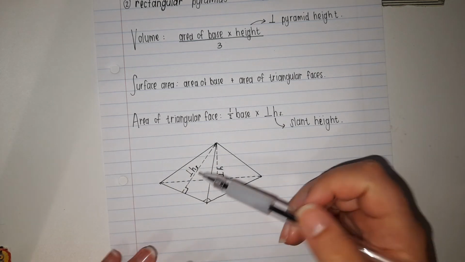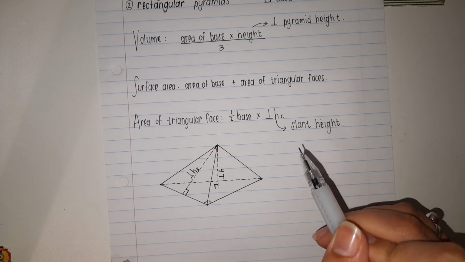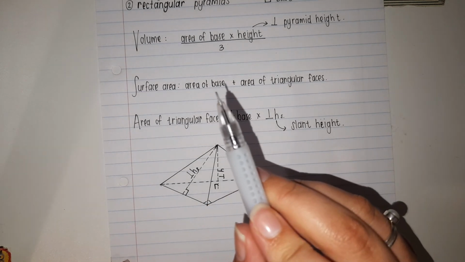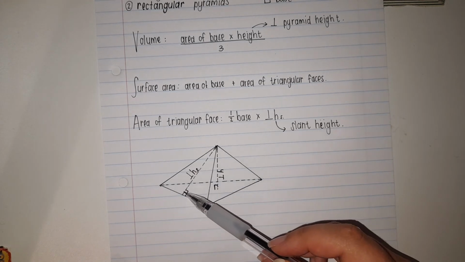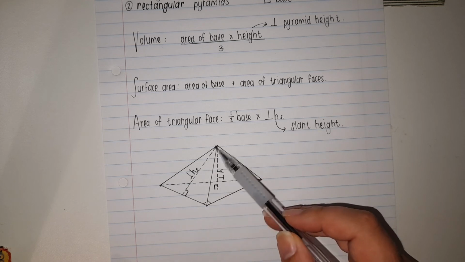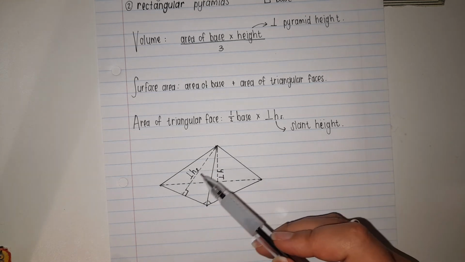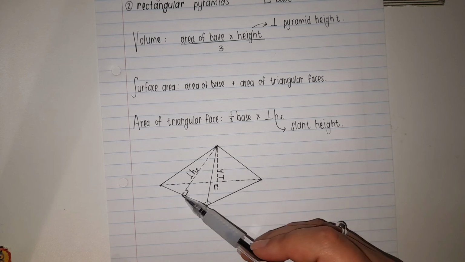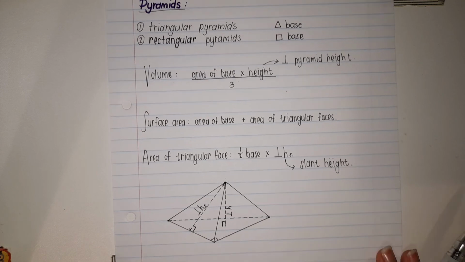The slant height is if I close it and I measure from my bottom, skew upwards to my center. If I look at my triangle as is, this would be my hypotenuse. Good, so this is what it is for pyramids.